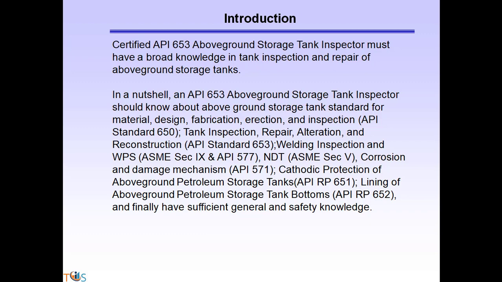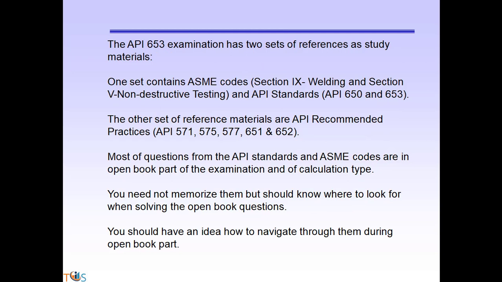But in a nutshell, an API 653 tank inspector should know about above ground storage tank standard for material, design, fabrication, erection and inspection, API standard 650; tank inspection, repair, alteration and reconstruction, API standard 653; welding inspection and WPS, ASME section 9 and API 577; NDT, ASME section 5; corrosion and damage mechanism, API 571; cathodic protection 651; lining 652; and finally have sufficient general and safety knowledge.